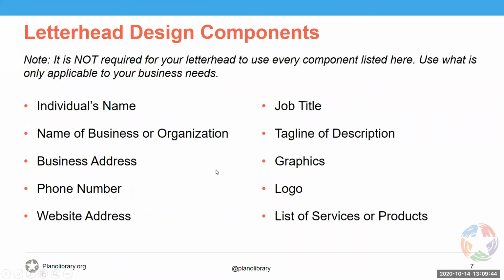This class is not going into the content of letterhead. This is really focusing on the format, but these are aspects that you want to make sure you are including as you're formatting. Never miss an opportunity to proofread or double check yourself to make sure that everything is consistent and communicating effectively to your audience.